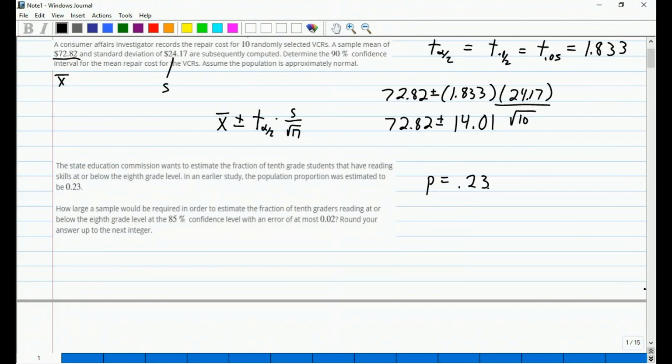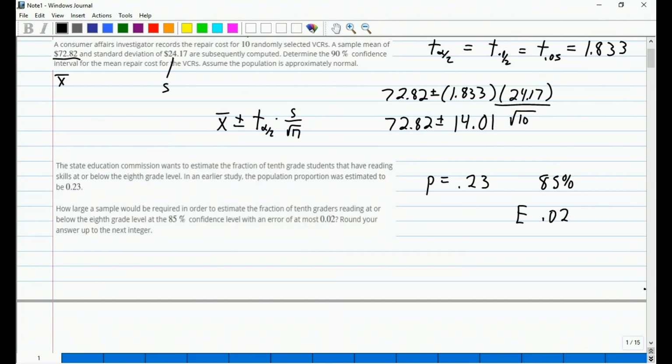How large of a sample will be required in order to estimate the fraction of 10th graders reading at or below the 8th grade level at the 85% confidence level? So that's important, 85% confidence level, with at most an error of 0.02, so 0.02 error.